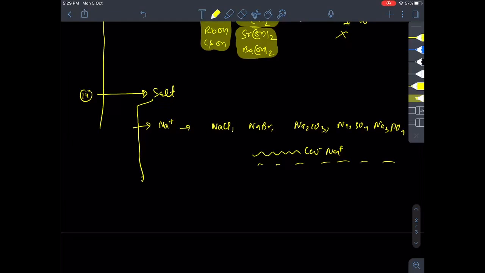You will find it is the rarest of rare examples where a salt of Na plus is not soluble, right?